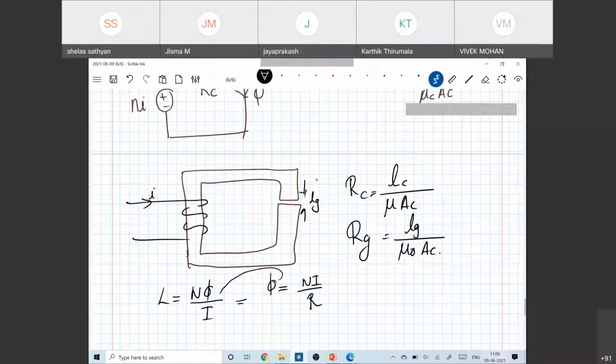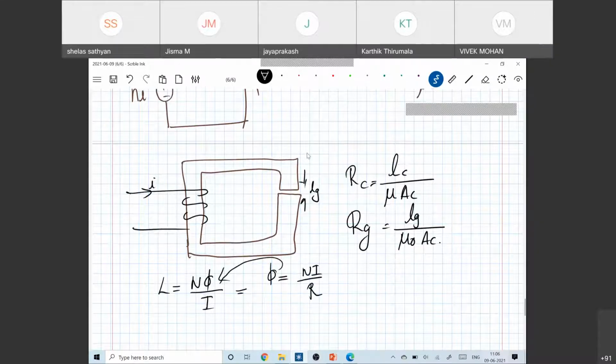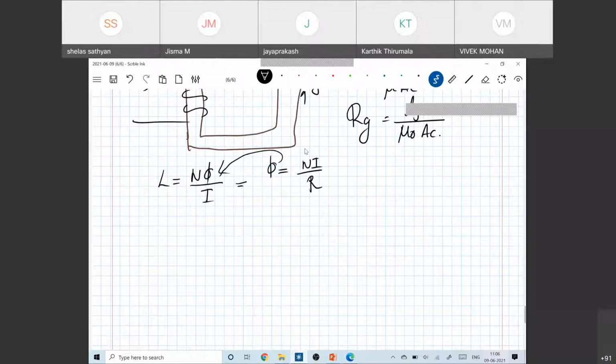So if you put this in here, with a small rearrangement, you could find that the inductance is proportional to the square of the number of turns divided by the reluctance. When there is no air gap, the inductance was given by N square by the reluctance of the core.